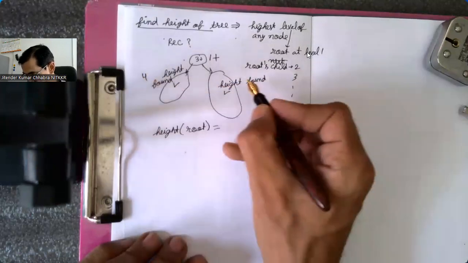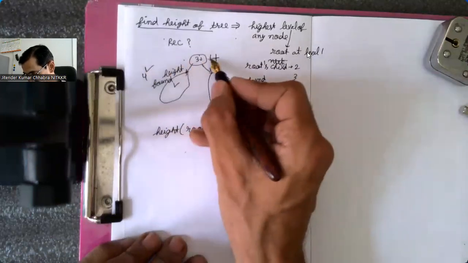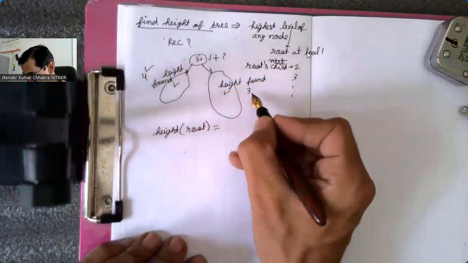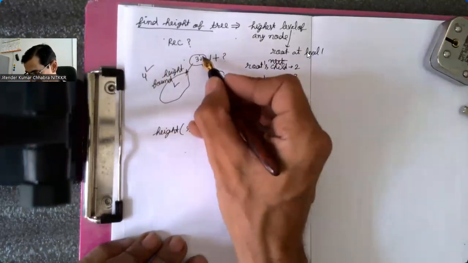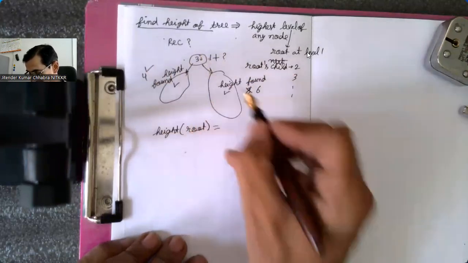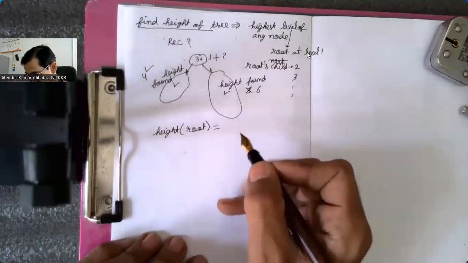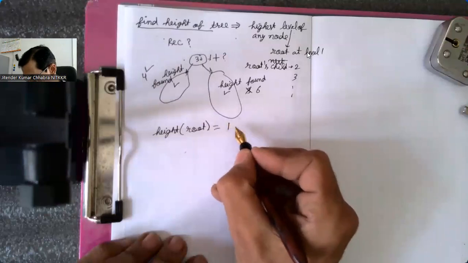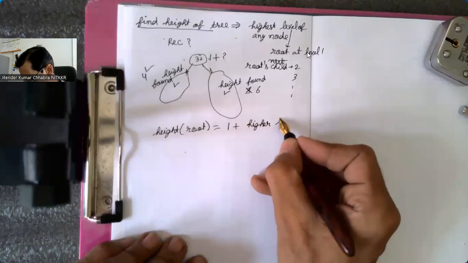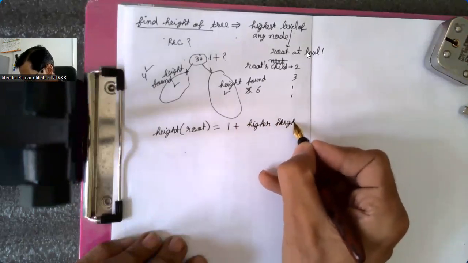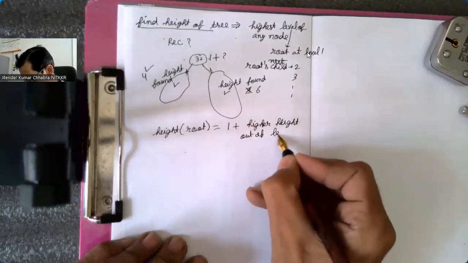If this height is 4, this height is 3, I will say overall height is 5 because 4 is there. So I will say 1 plus 4. This side height, let's say instead of 3, it was 6. So I will say overall height is 1 plus 6. 1 because of the root plus height of its children. Out of the children, whoever has height of the left subtree and right subtree, whatever is there. So my overall height becomes 1 plus higher height out of left subtree and right subtree, higher height out of left height and right height.